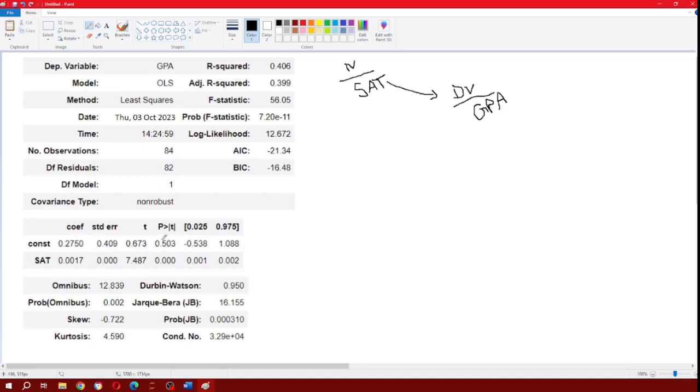The module that was used to deploy this analysis in Python is called statsmodels. If you use any other module or package to deploy the same analysis, you would not get a different result, but you would get a different layout or formatting of the stats.